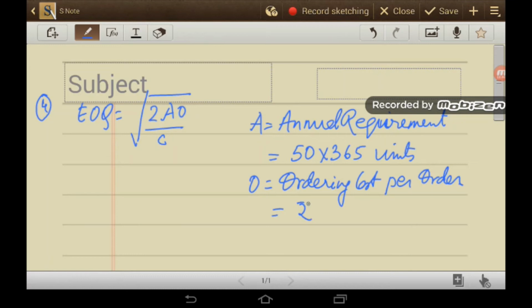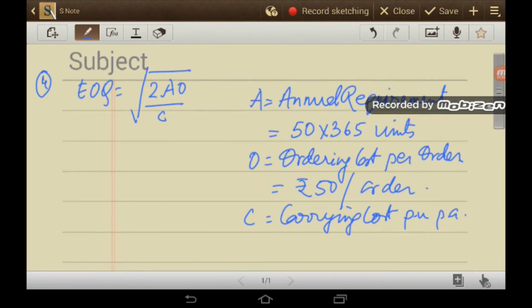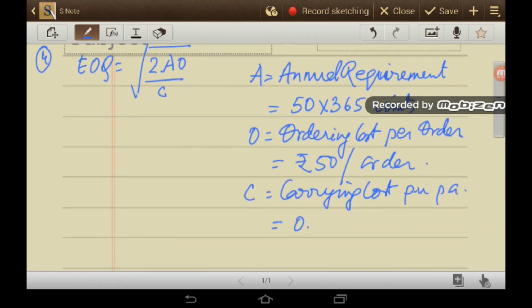So this is rupees 50 per order. And C is the carrying cost per unit per annum. So in this case, this is 0.02 into 365. 0.02 is the carrying cost per unit per day. So into 365 days. So this is per unit per annum.